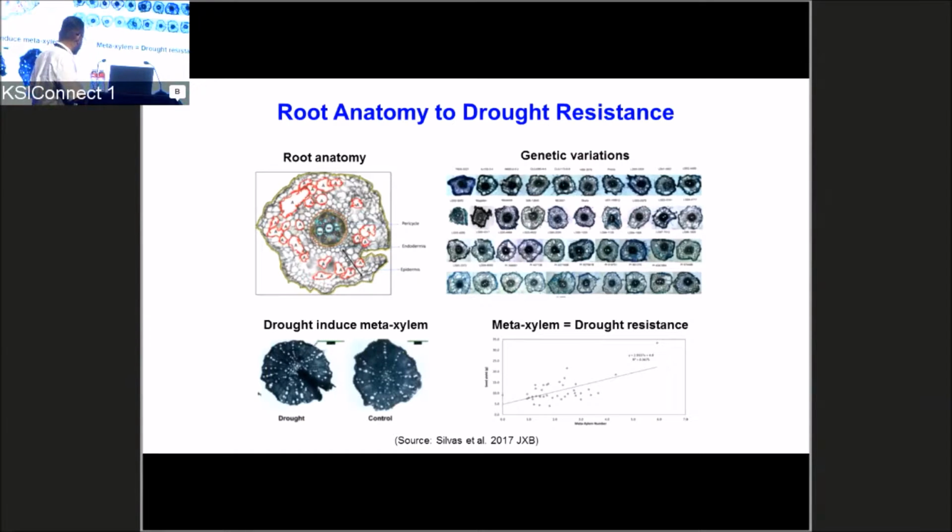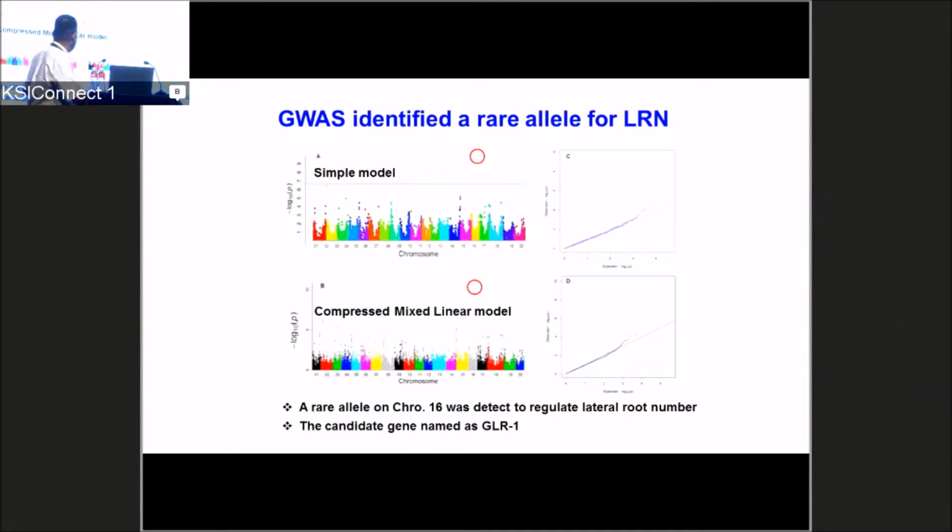Then we found soybean lines with different root-related xylem or vasculature structure. We identified a gene associated with that vasculature, and it is associated with lateral root number. The key here is that soybean lines with the varying vasculature structure have more lateral roots.